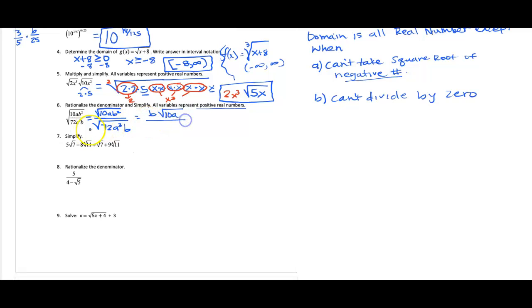Then on the bottom, I have that 72. 8 times 9 is 72, and 8 breaks down to 2 times 2 times 2, and 9 is 3 times 3. So I can see that I have a 2 that can come out and a 3 that can come out, and that means a 6 is what's going to come out there.